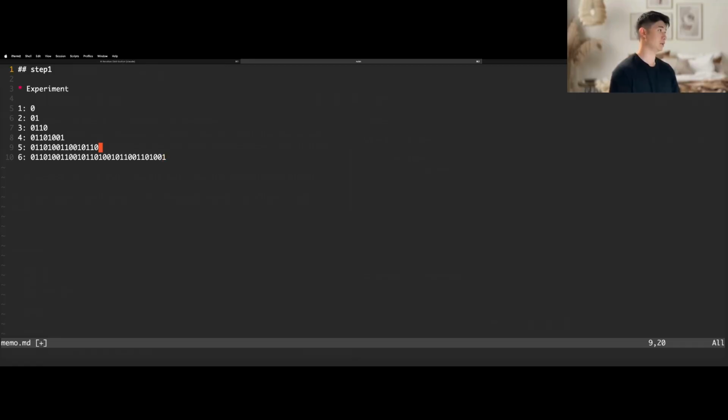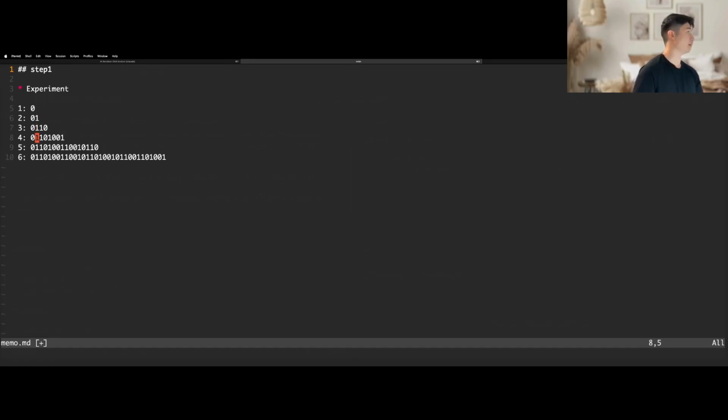So at this point you might realize that if you take, let's say, the third row, and if you divide this string in the middle, the first half is identical to the one before.